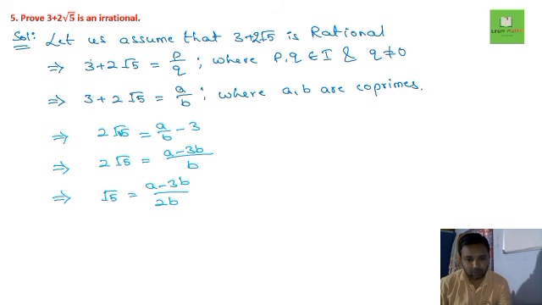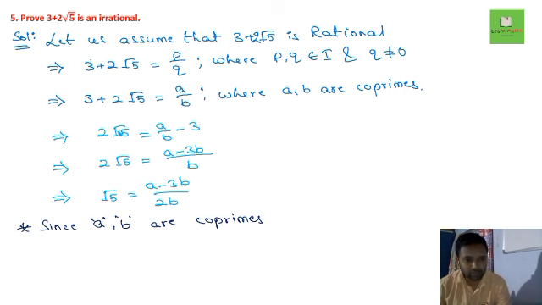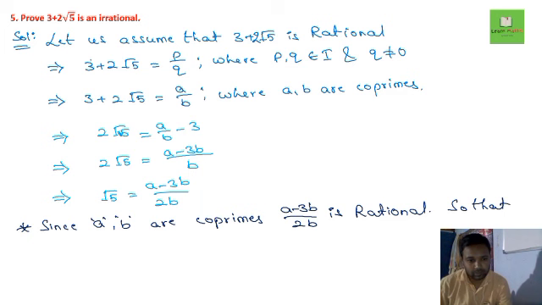So here I am going to conclude this problem. Since a, b are co-primes, a minus 3b by 2b is rational, so that root 5 is rational.